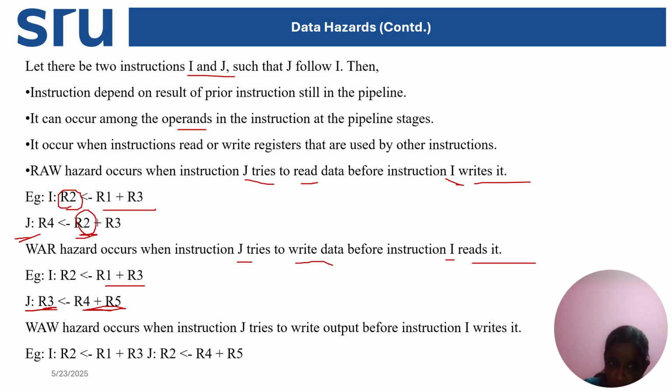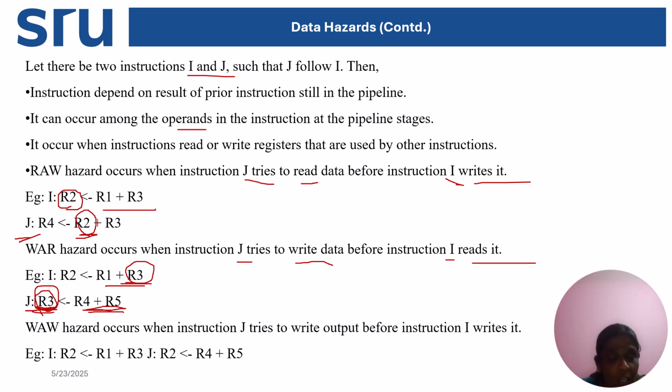So the R3 value is written, I mean it is edited, by the addition of R4 plus R5. But this R3, previously, before calculation, what is the value of R3? But if it is late, then whatever the R3 will be equal to R4 plus R5. But this R3 is different, this R3 is different.